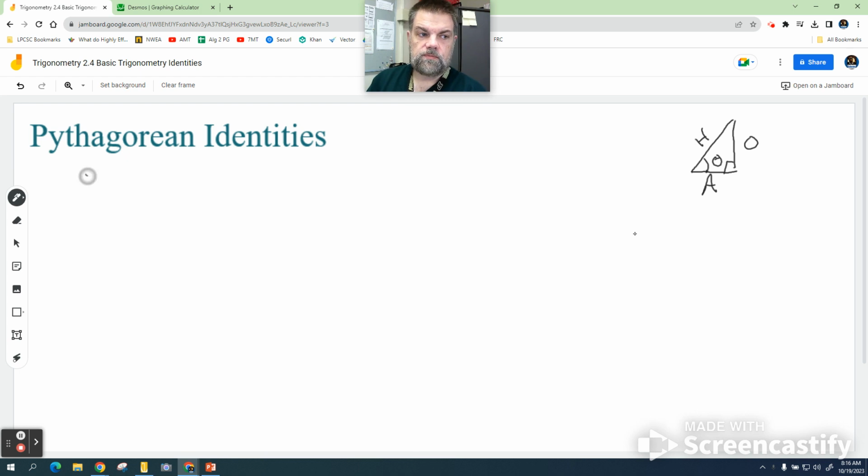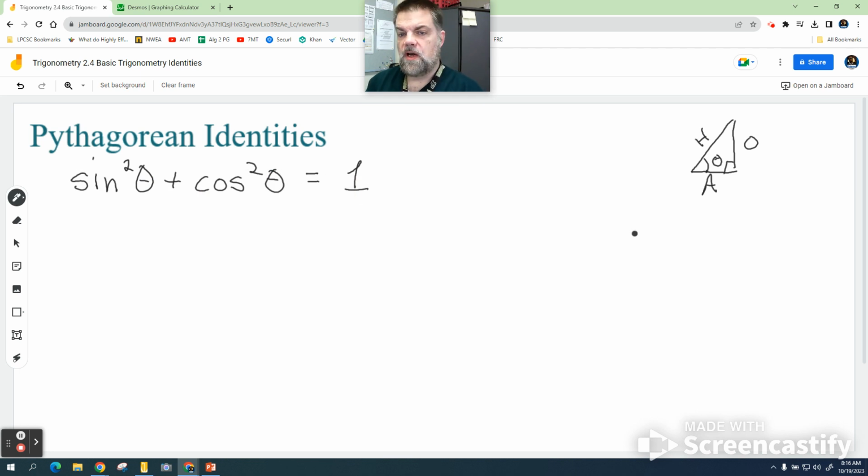So if I say sine squared of theta, now this is the weird part. Sine squared plus cosine squared equals 1. One little thing I want to point out. When we say sine squared of theta, this is mathematical notation that really means sine of theta squared.